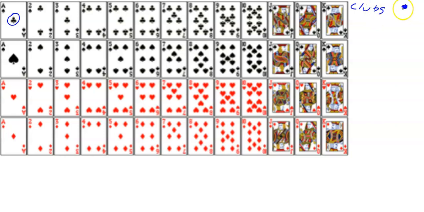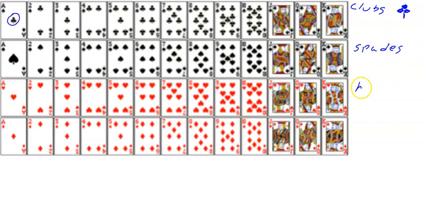Clubs look like this, and then they've got a little stem coming down. This upside down heart with the root, it kind of looks like a heart, but it's upside down. That design is called a spade. This suit of cards is called spades.